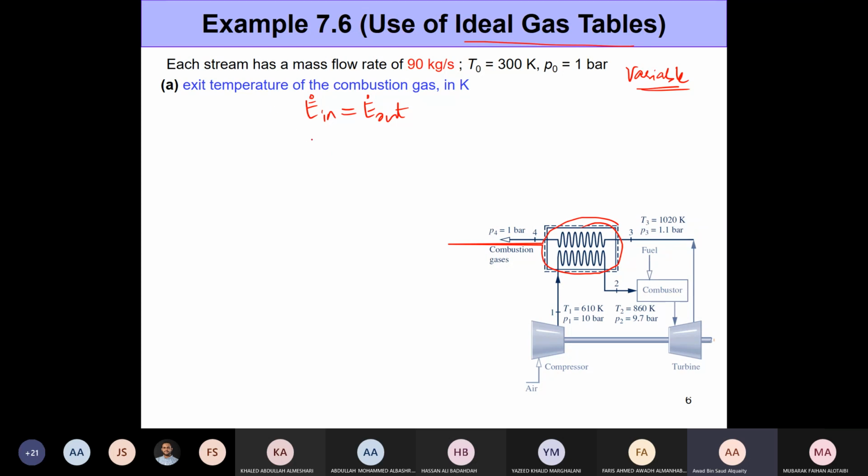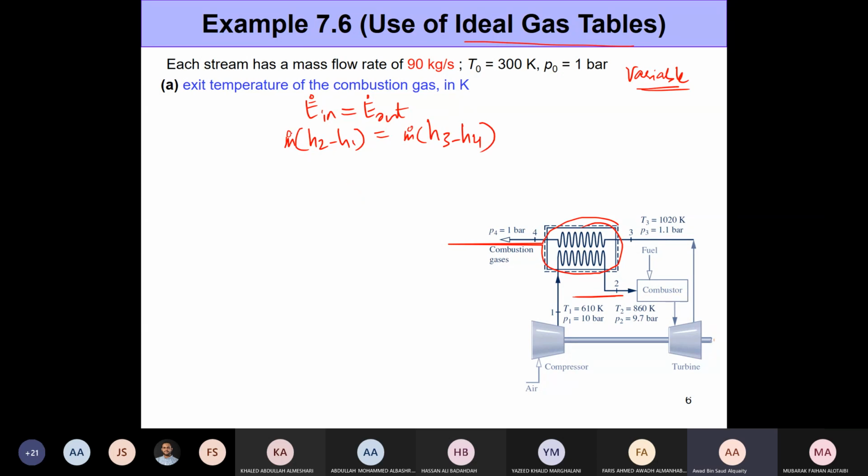Okay, so let's just go with the method Hassan mentioned. Let's write the heat gained by the cold fluid. When we talk about the heat gained by the cold fluid, we are just talking about m dot times H2 minus H1, right? This is what is gained by the cold fluid. And this is equal to the energy lost by the hot fluid, so it should be equal to m dot times H3 minus H4.